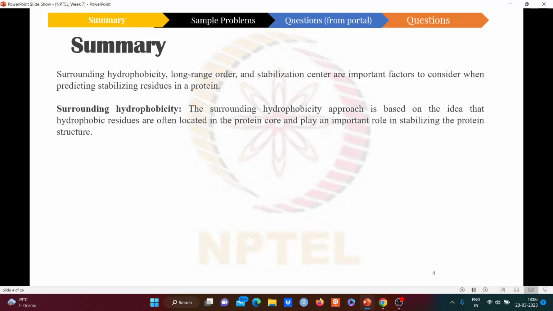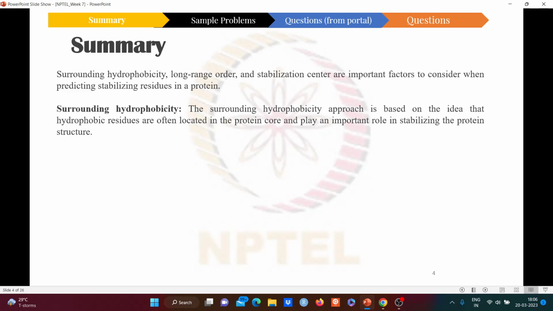Predicting the stabilizing residues in a protein is an important task in protein engineering and drug design. Several approaches have been proposed to identify these residues based on their physical and chemical properties. Various computational methods can be developed to predict these stabilizing residues.